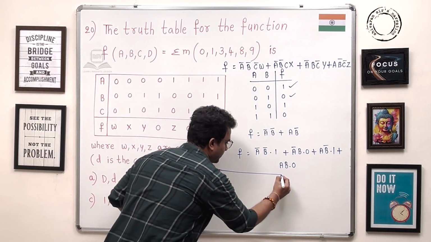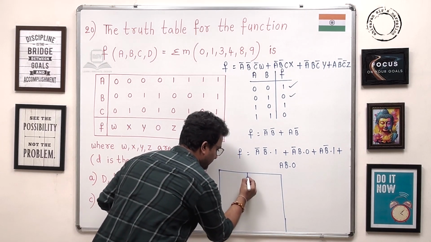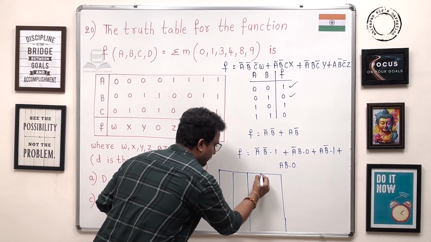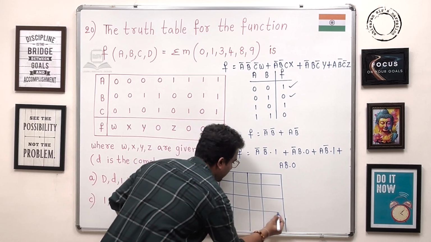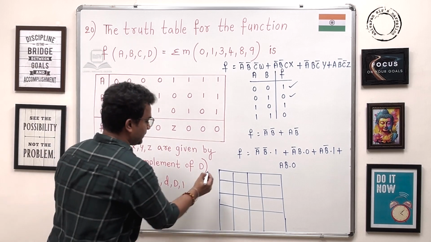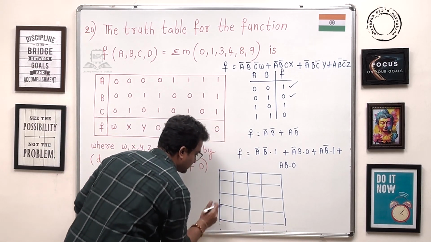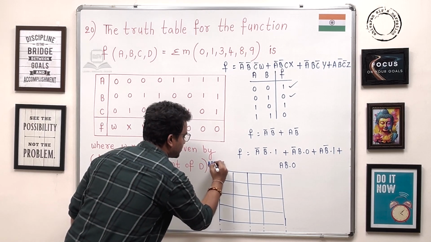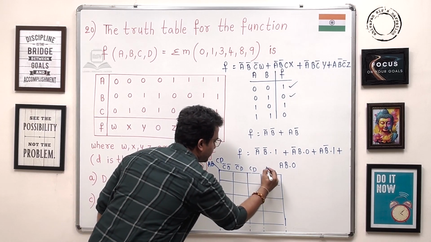Now, it is a 4 variable K-Map. Therefore, it looks in this way, where we have A, B, C, D. C bar D bar, C bar D, C D, C D bar.